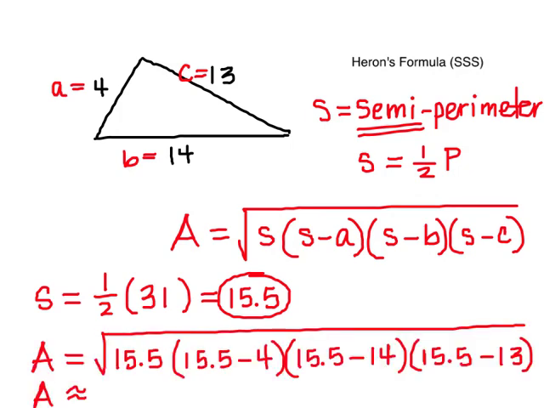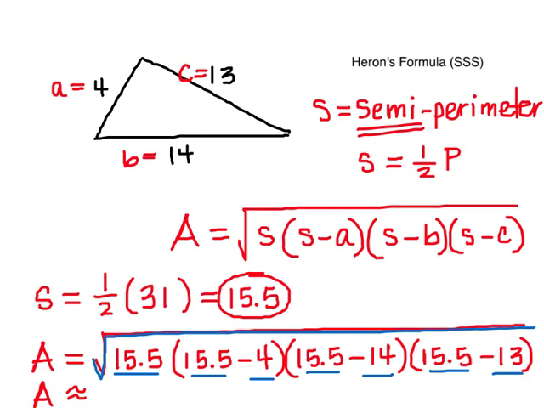So then you take that semi-perimeter, put it here, here, here, and here. Then we fill in our side a, our side b, and our side c into the appropriate places in the formula. You can put this entire thing in the calculator just like it looks, including the square root. So you'll put in the square root of 15.5 and then open a parentheses, 15.5 minus 4, close a parentheses, open another one, and so on, and you can get all of this in one step on your calculator.